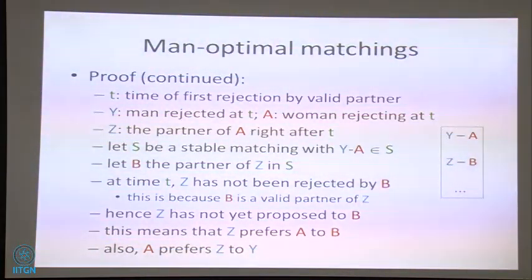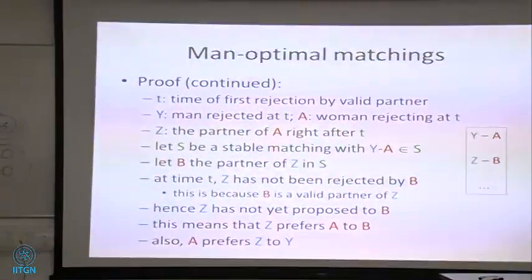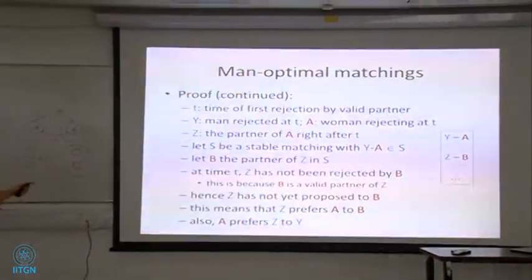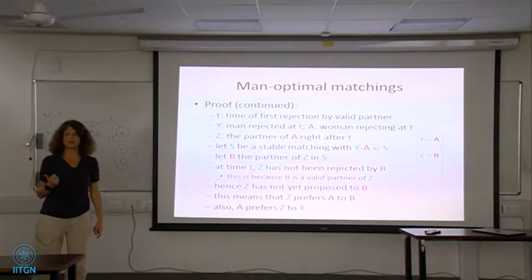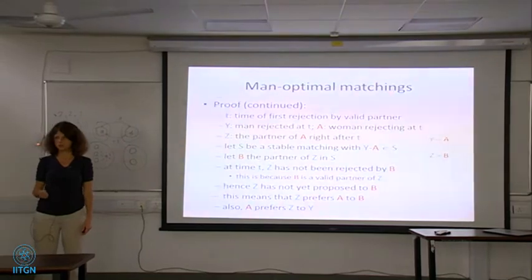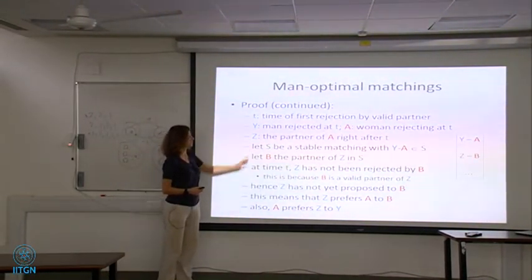Then we tried to argue that this matching is unstable, because of pair AZ. For that we have to argue two things: that A prefers Z to Y, and that Z prefers A to B. The fact that A prefers Z to Y is actually easy, because at this point A rejected Y in favor of Z.